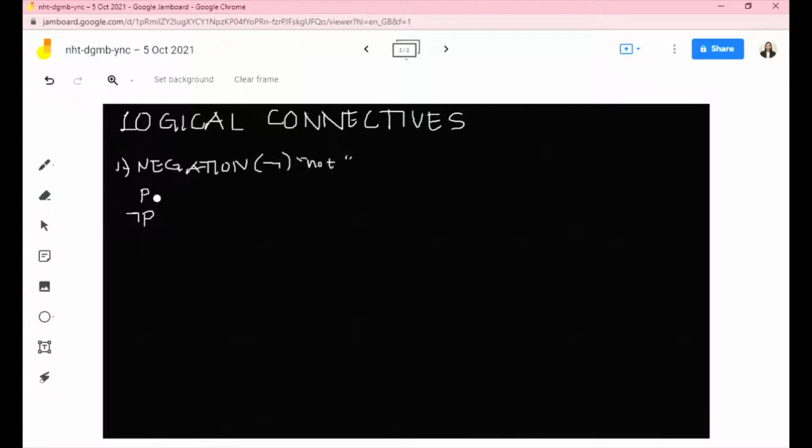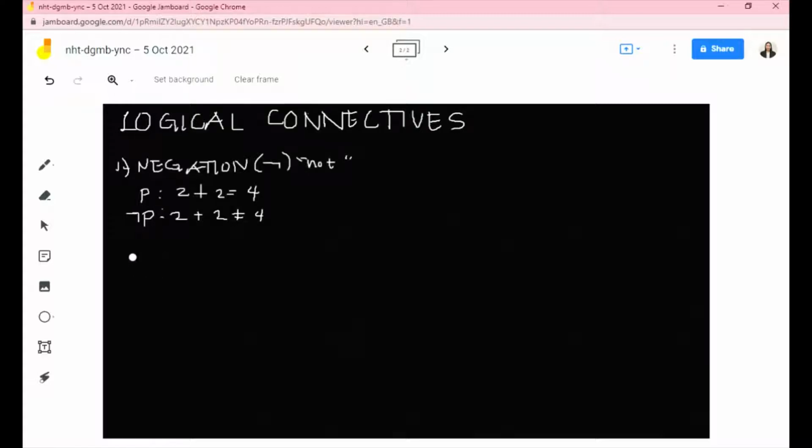Let's suppose that my proposition p is 2 plus 2 is equal to 4. Then the negation, not p, will be 2 plus 2 is not equal to 4. So you'll only be writing the opposite, contradicting your statement p.